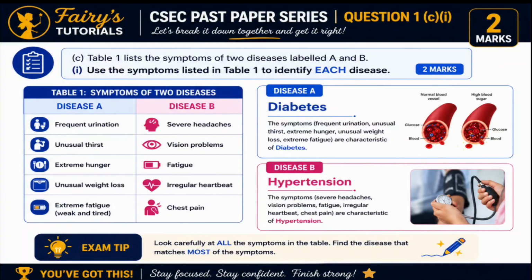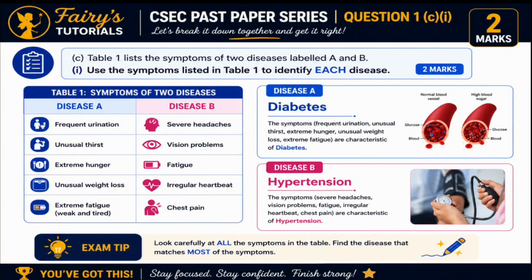All right, moving right along to part C1. It says table 1 lists the symptoms of 2 diseases labeled A and B. C1: use the symptoms listed in table 1 to identify each disease. And this question is valued at 2 marks, right? So looking at our table, we're looking at symptoms of 2 diseases.